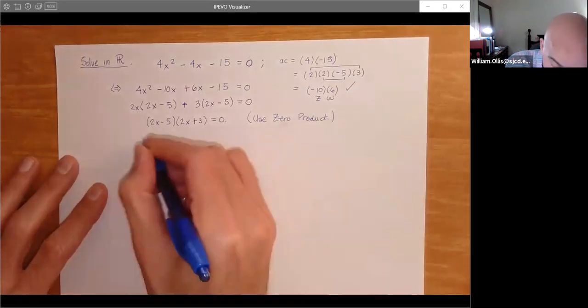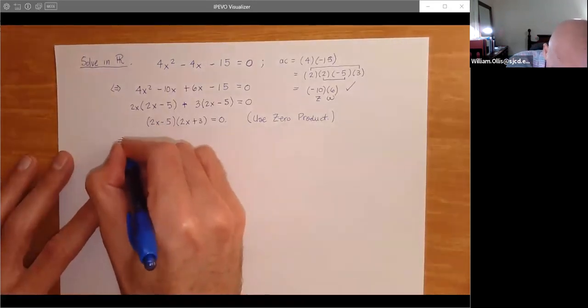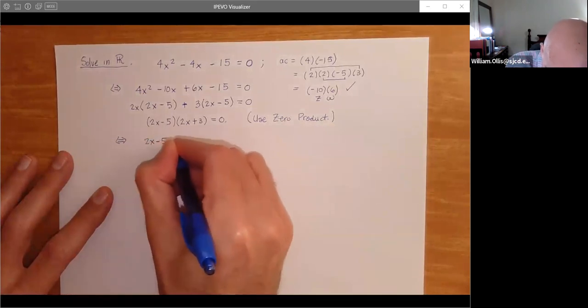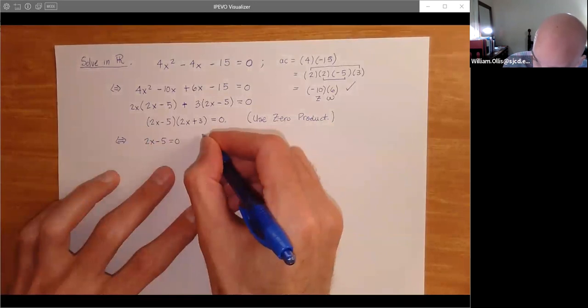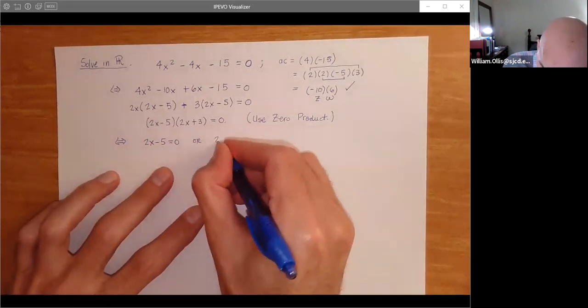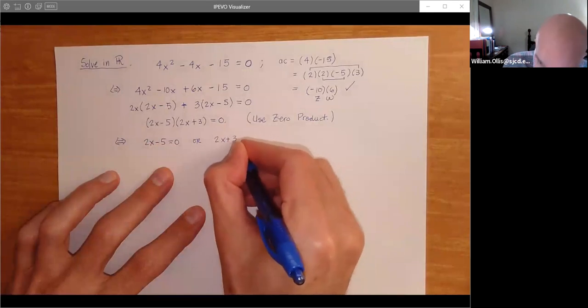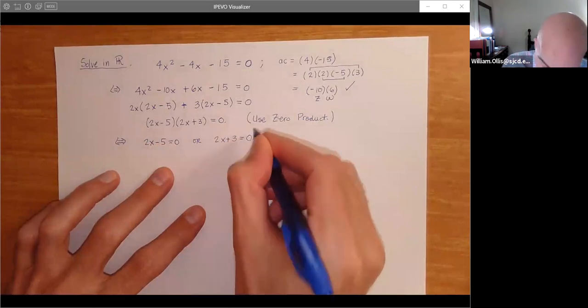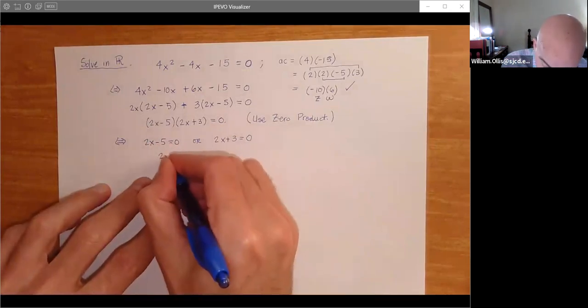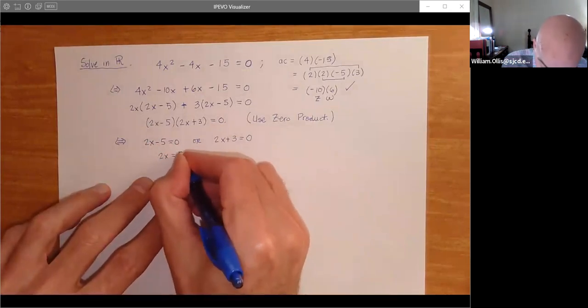So we can set each factor to zero. So equivalently, 2x minus 5 equals 0, or 2x plus 3 equals 0. So now, of course, we can transpose the 5. So this gives us a 2x equals 5.